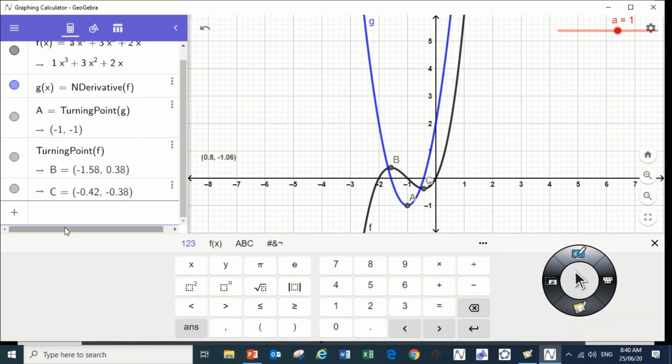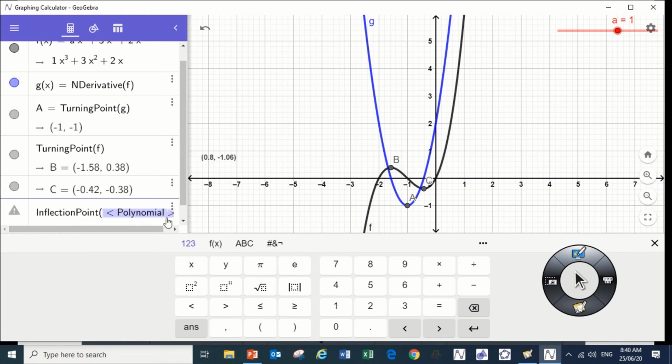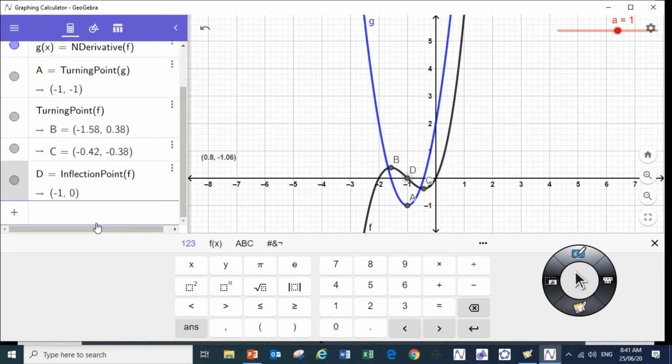The good thing is that this software can help me determine everything. I just need to put my function there. So my function is f of x. So the computer is also determining the point of inflection, which is that point.